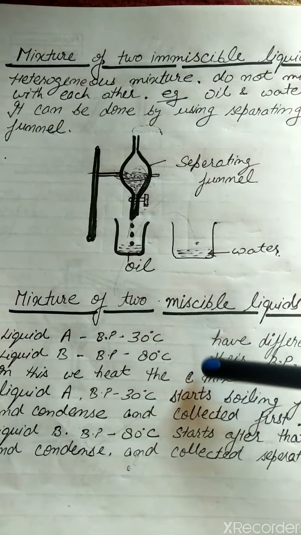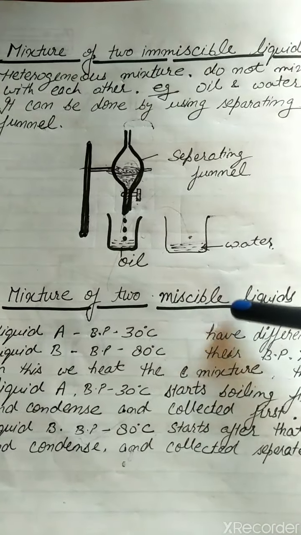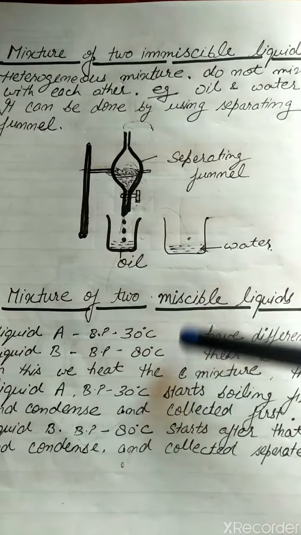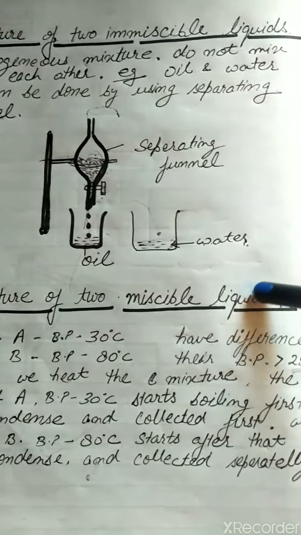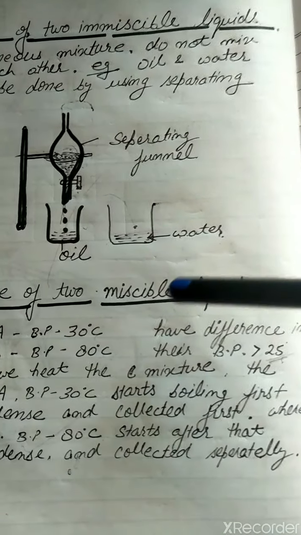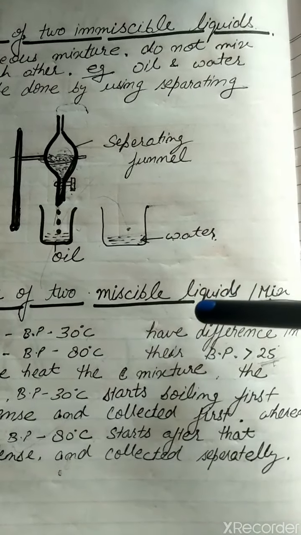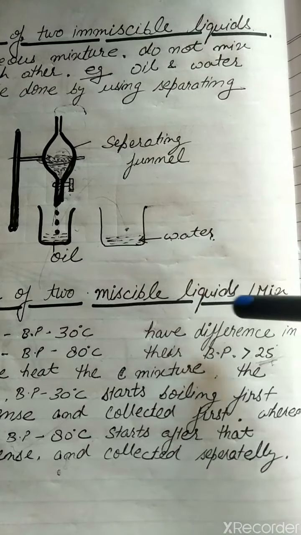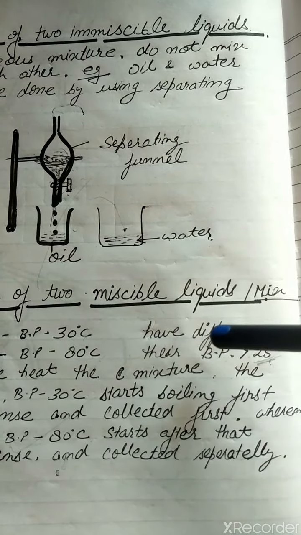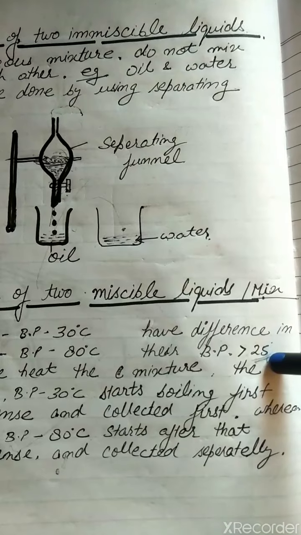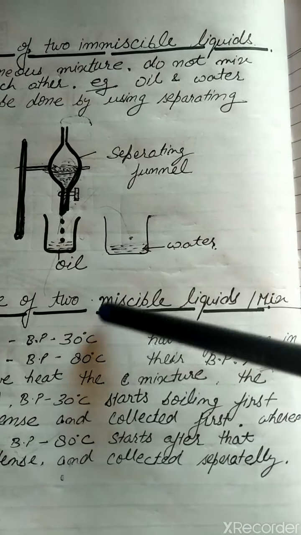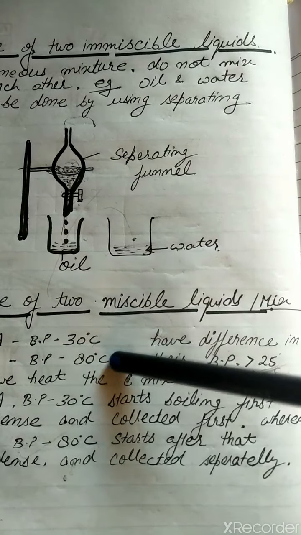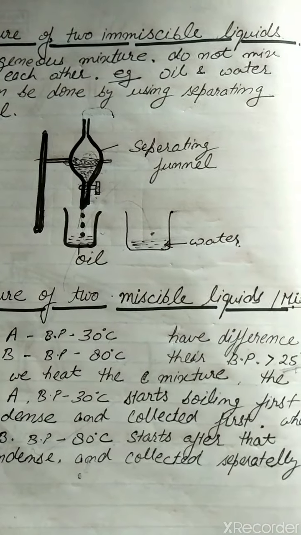So in this way we can separate miscible liquids which are uniformly mixed with each other. But it has a limitation that it is used only where the liquids have a difference in boiling point greater than 25 degrees Celsius. This method is used only when the difference between the boiling points is greater than 25 degrees Celsius.